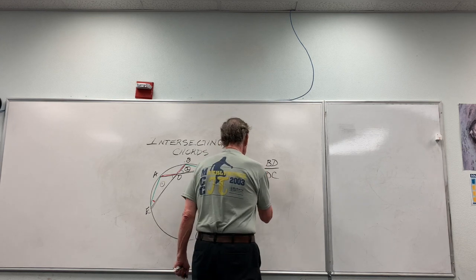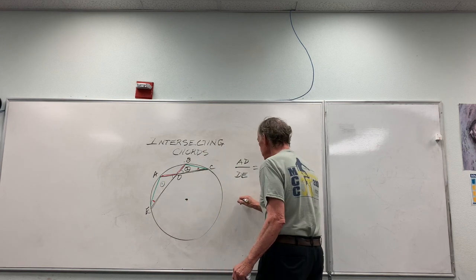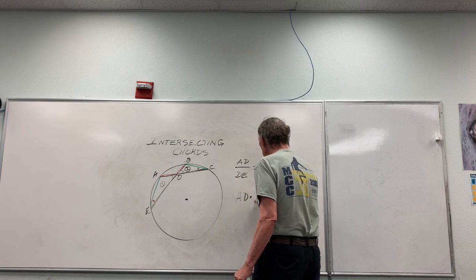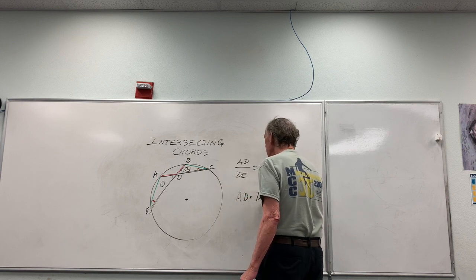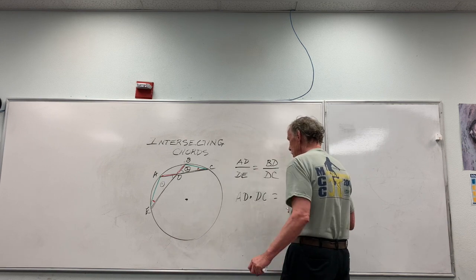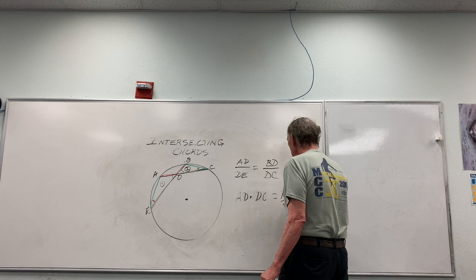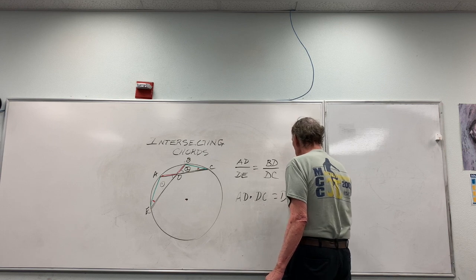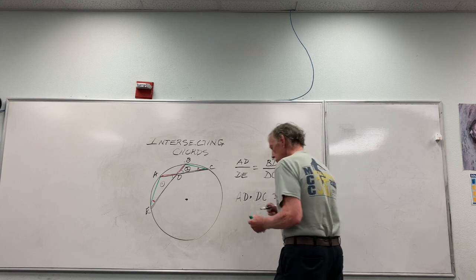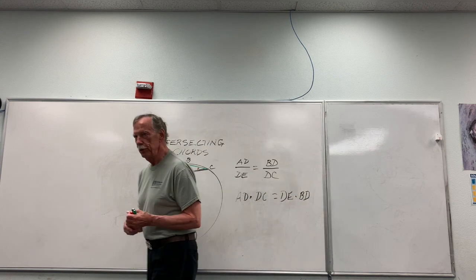In a proportion, we can cross multiply. When we do, we get that relationship.